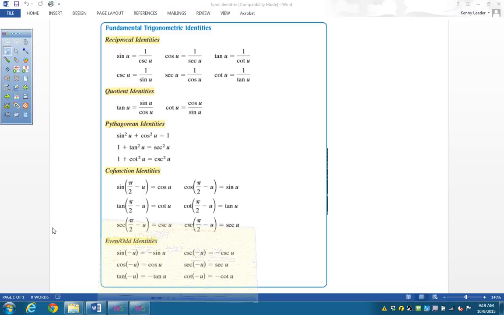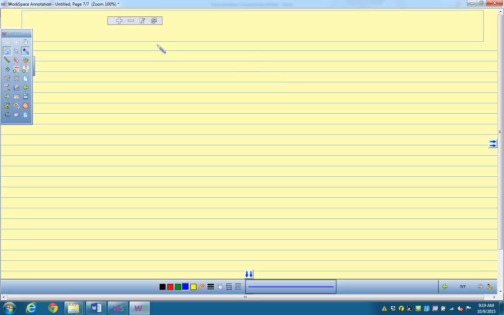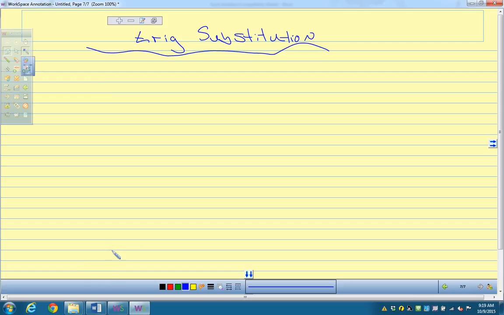Okay, last thing you're going to see is something like this. This is called trig substitution. This is something that they do in calculus, and they're just kind of setting you up for a calculus type problem. So they'll give you something like this: theta is less than pi over 2 and theta is greater than 0.